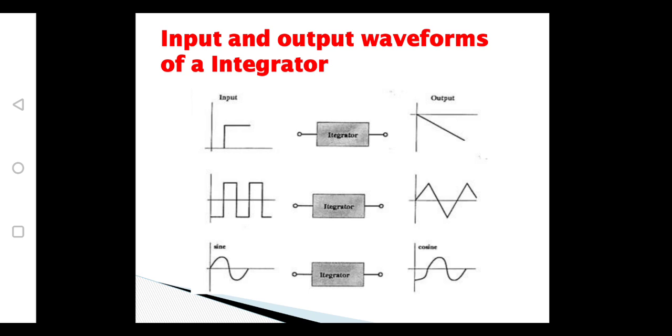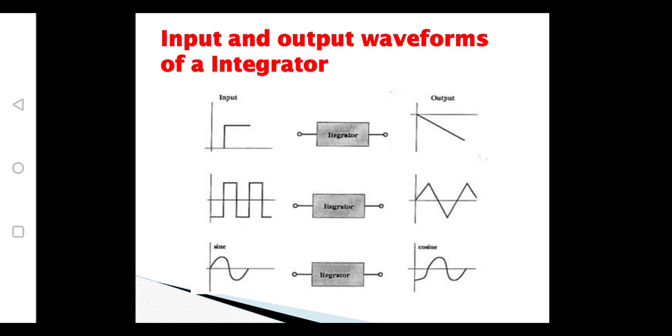Similarly, if we apply the input as a square wave, the output which we are getting will be a triangular wave. If the input is a sine wave, the output is a cosine wave. If we observe all these, if the input is positive, the output will be negative.